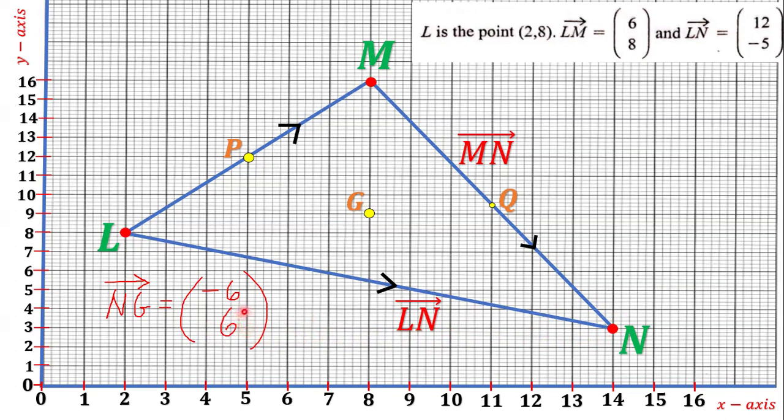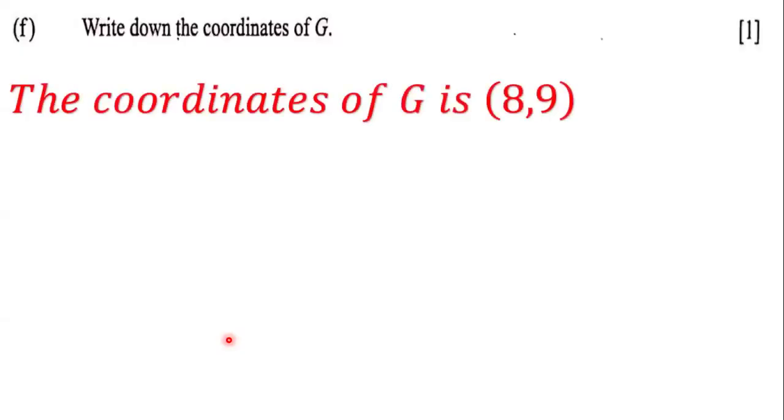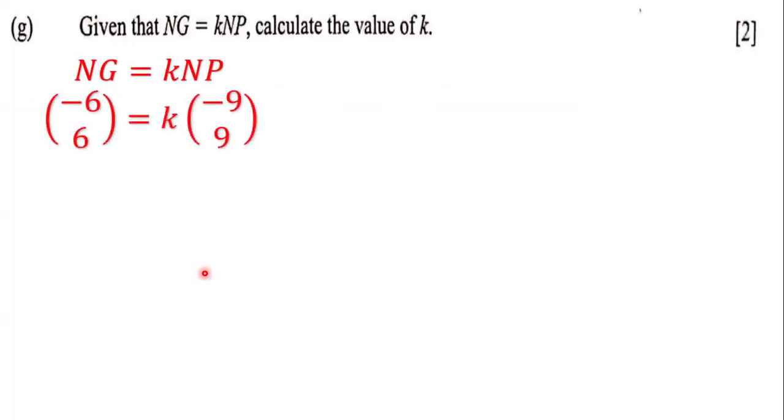And then 1, 2, 3, 4, 5, 6, 7, 8, 9, so 9 times above. So NP is actually (-9, 9). And so NG is (-6, 6), and NP is (-9, 9).